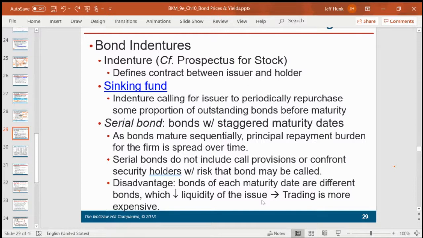So trading is more expensive. That means it costs you more. If you are holding this bond already, you will have to sell at a lower price than similar bonds that are not to be serially retired. Okay.